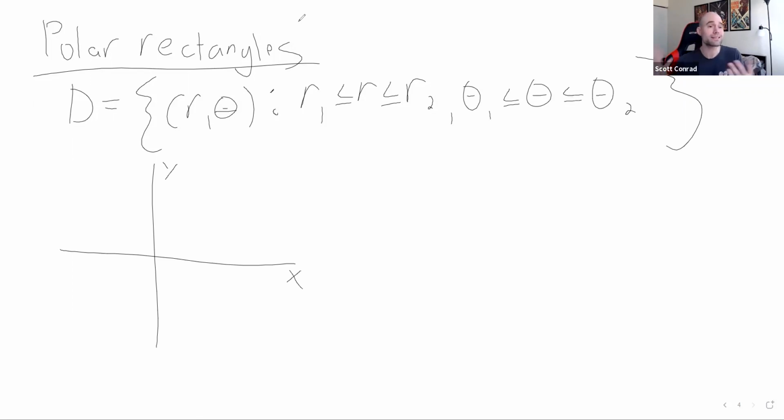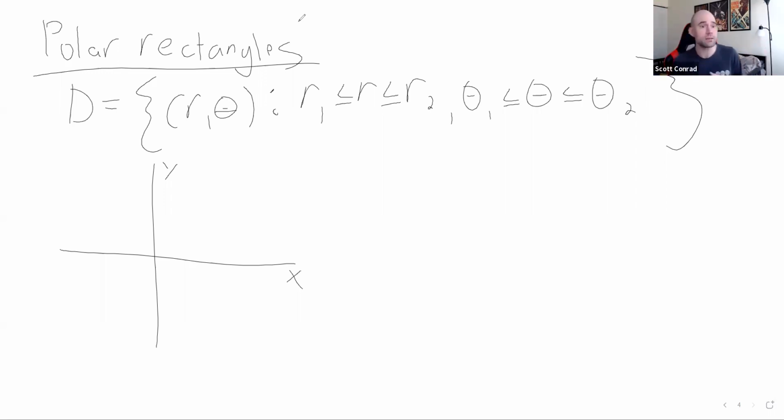This is not remotely going to be rectangular. This is going to be basically sectors of circles, regions between circles, annuluses.